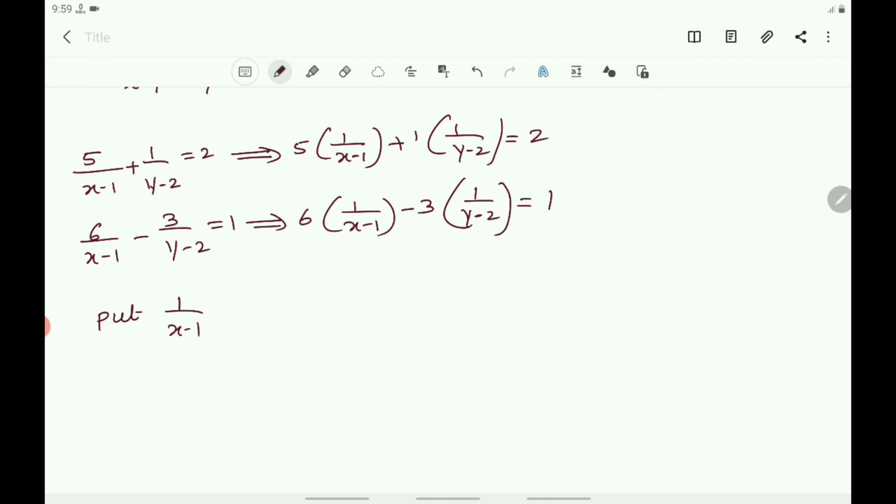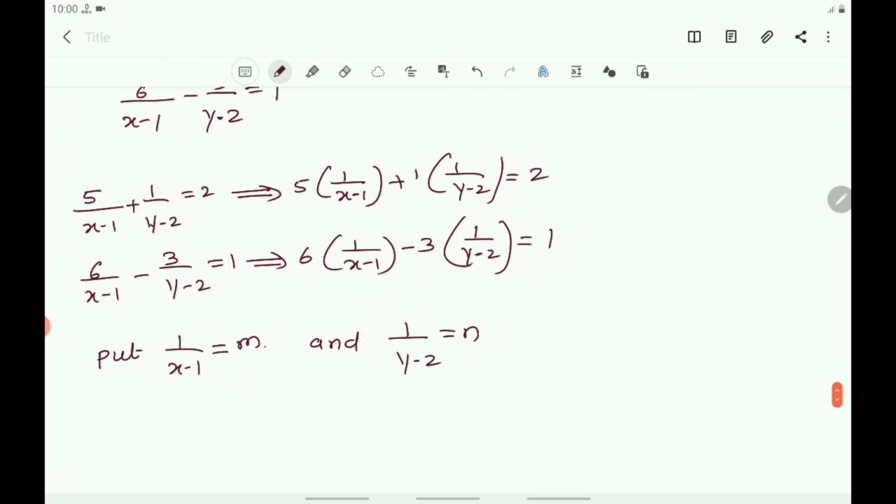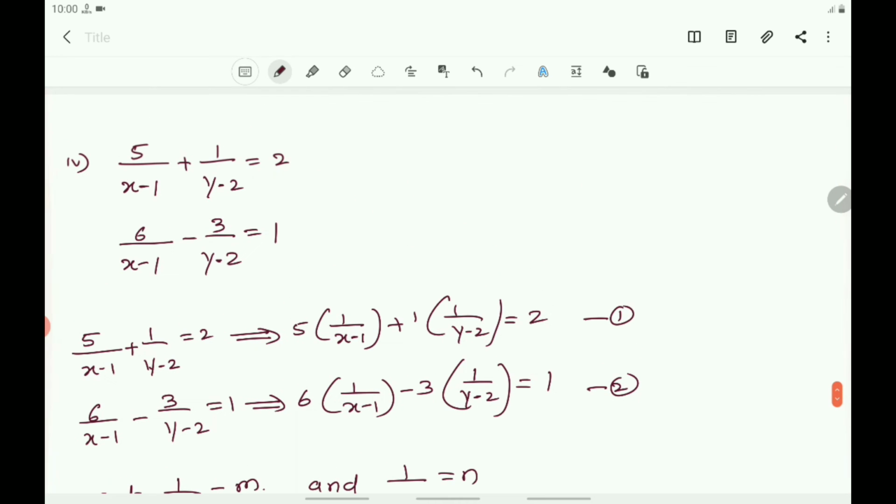Let us have it as m, n or p, q or a, b, u, v, any of these ways. Let us take m, and 1 by y minus 2 is equals to n. Now here it is equation 1 and equation 2.